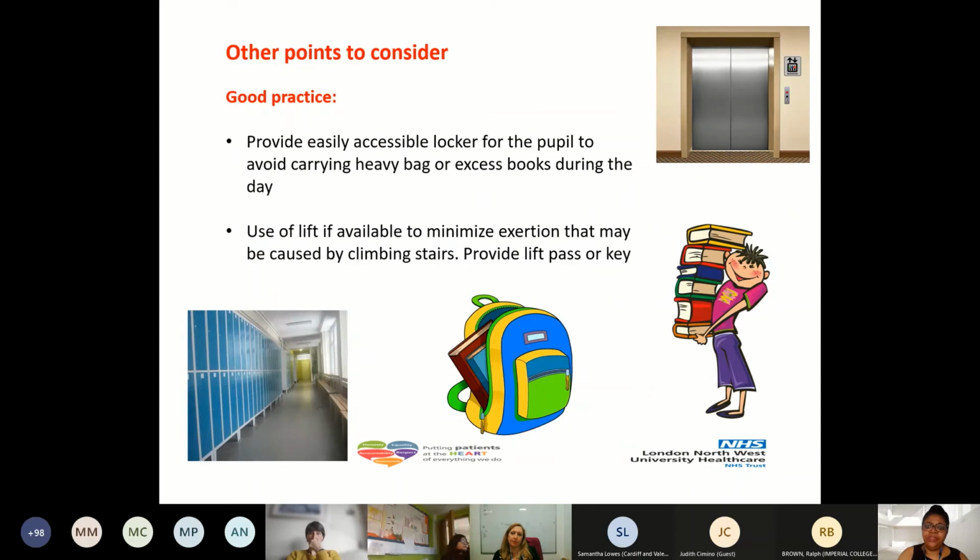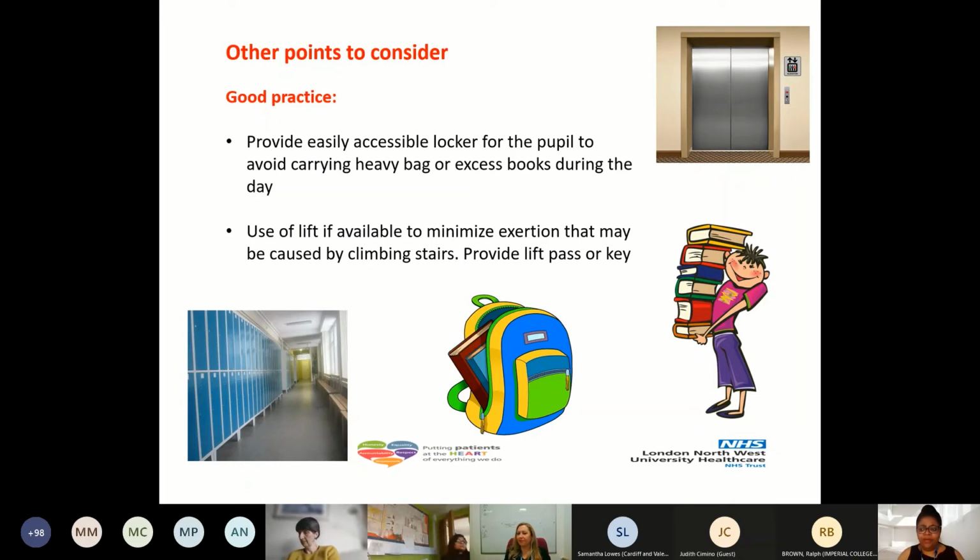All right, other points to consider. A lot of the children complain about having to bring lots of books around school in their rucksacks. Now this is exerting stress. It's like exercise, isn't it? Weight bearing, so that can bring on a sickle cell crisis also.